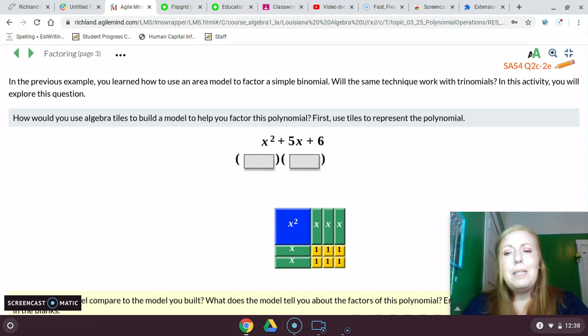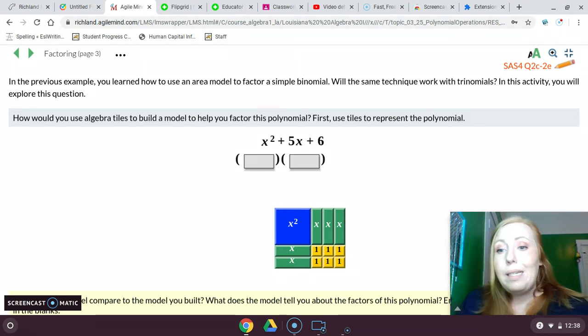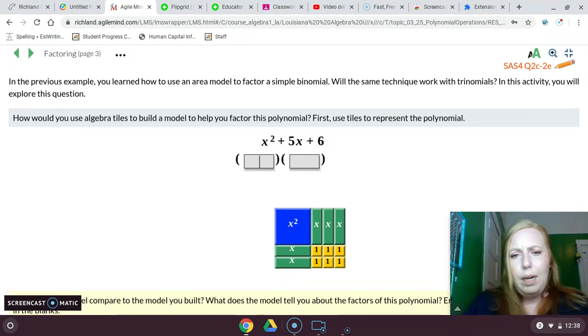All right, let's pause and think about this for a second. Is this what you set up? Because it's like, how did they know how to set it up like that? If I was drawing it, I would have drawn it a little different without realizing, because in the binomials that we did, I would have put all my single x's off the side here and then put my ones over there.